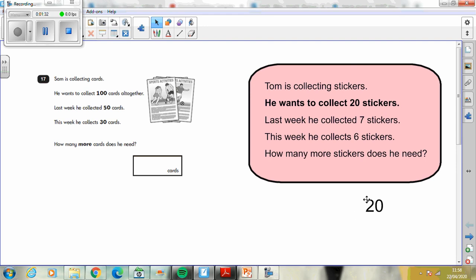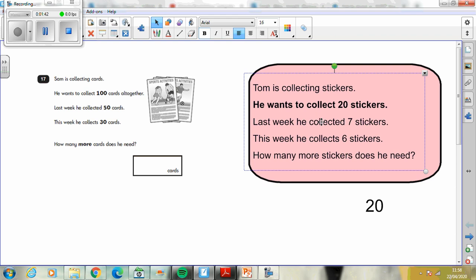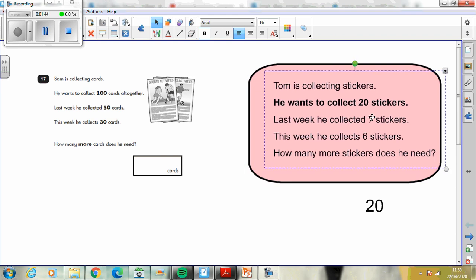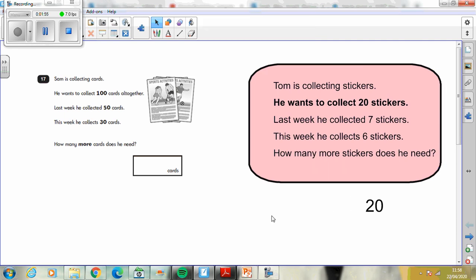Okay, and we know that he wants 20, so we know that he hasn't got 20 just yet. The next bit of information that we know is that last week he collected 7, and this week he collected 6. So he's got 7 and he's got 6. How many more does he need?